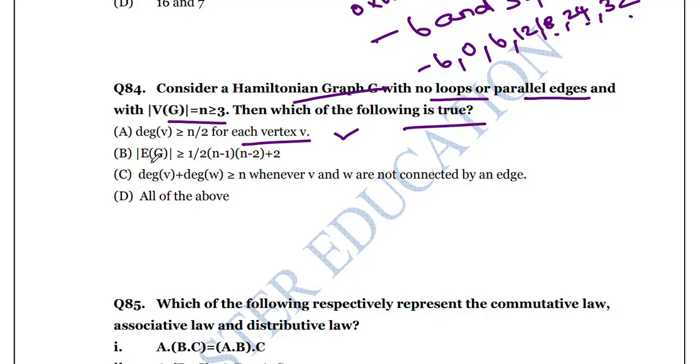The next one is, edges of this graph is greater than or equal to 1 divided by 2 into n minus 1 into n minus 2 plus 2. So this is also correct. And degree of v plus degree of w should be greater than or equal to n whenever v and w are not connected by an edge. So this is also a rule. So all of the above is the answer.